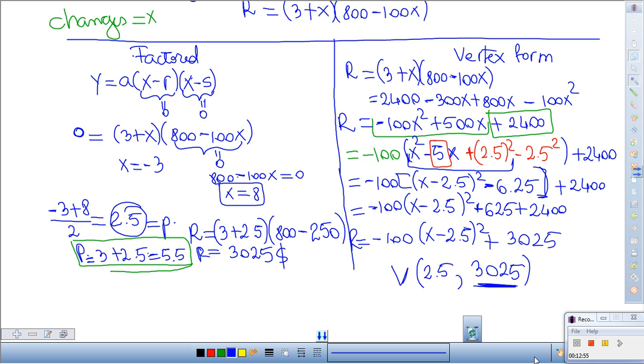So if I apply 2.5 changes to the price, which we said was 3 plus X, well, 3 plus 2.5 is $5.5 per ticket.